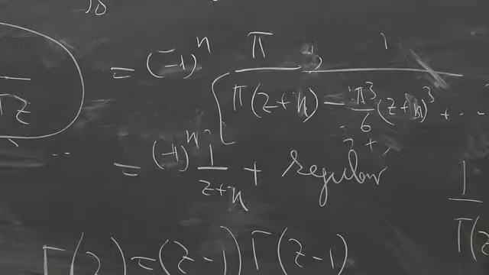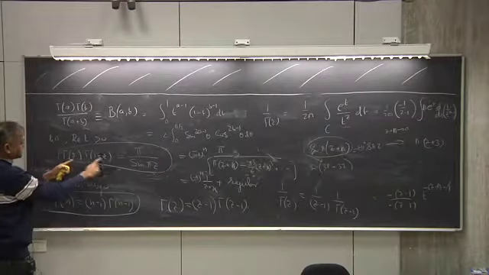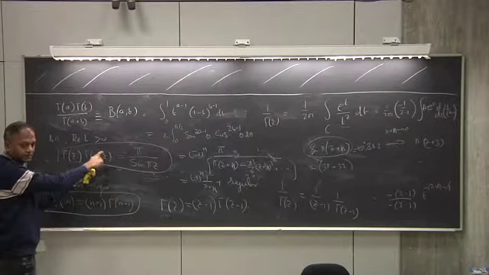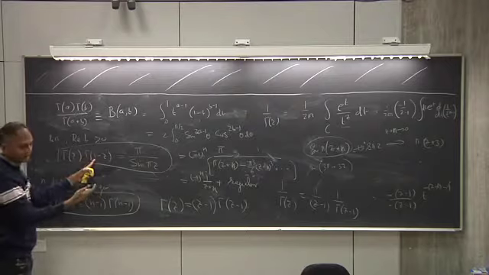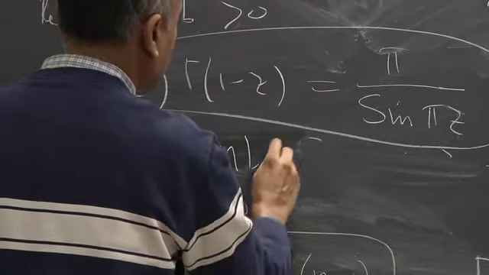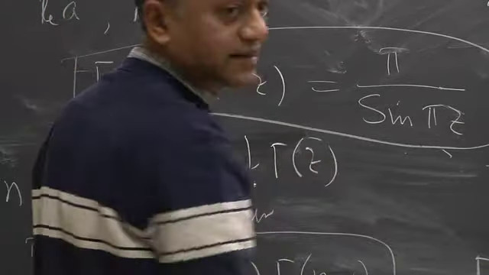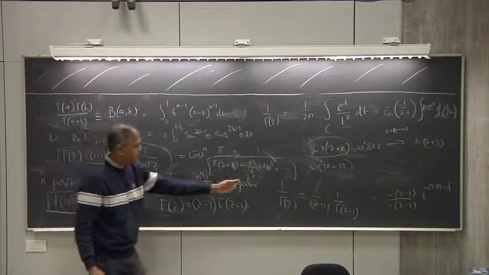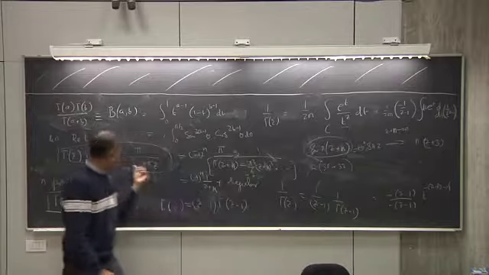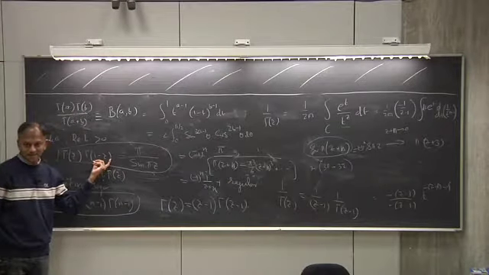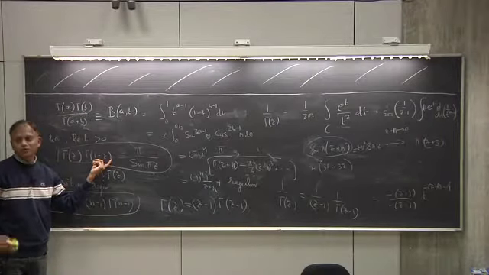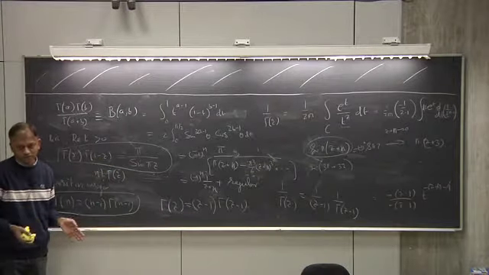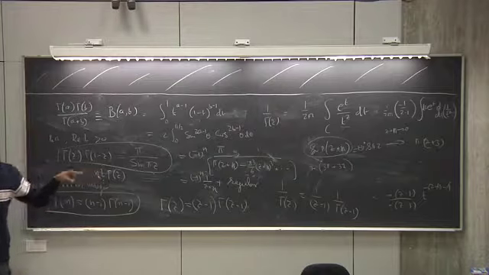Whereas on the right hand side, z is minus n, so this becomes gamma of n plus 1, which is factorial n. So you get factorial n times gamma z behaves like that, the leading term. Of course, if you want to look at the subleading terms, then you must also expand these. But I'm only looking at the leading term because that's enough to compute the residue, since it's a first order pole.